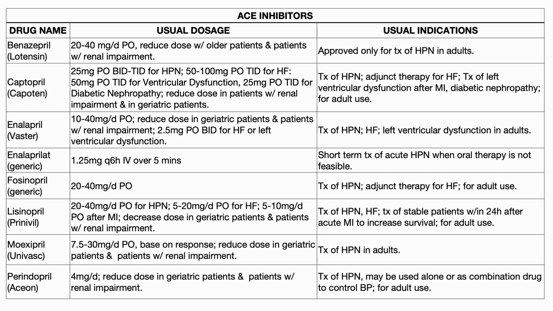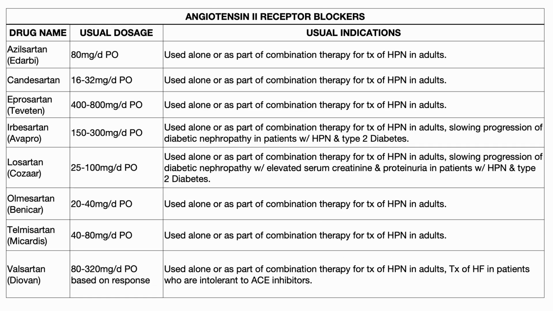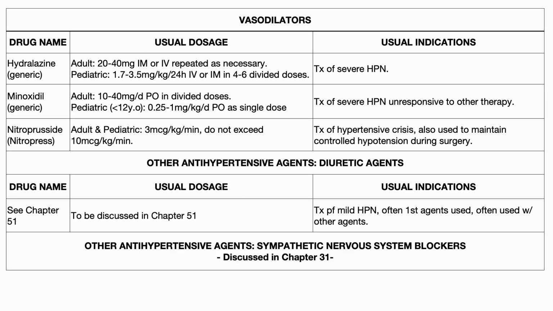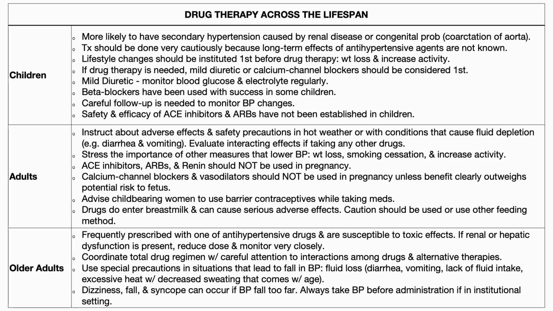So we have there the ACE inhibitors, then the angiotensin II receptor blockers, the calcium channel blockers. We also have vasodilators and other antihypertensive agents or diuretic agents. We also have their drug therapy across the lifespan.